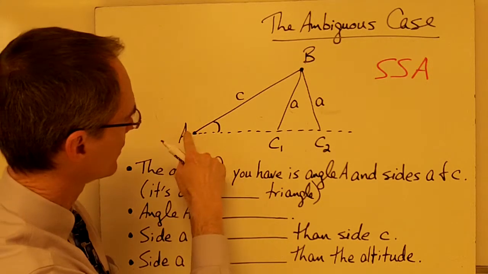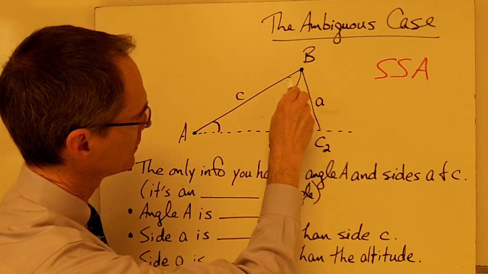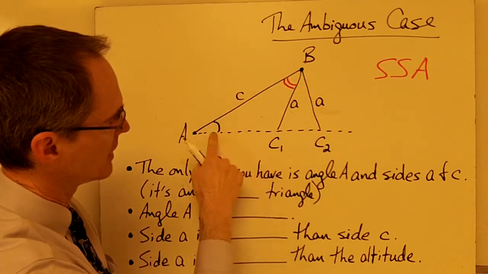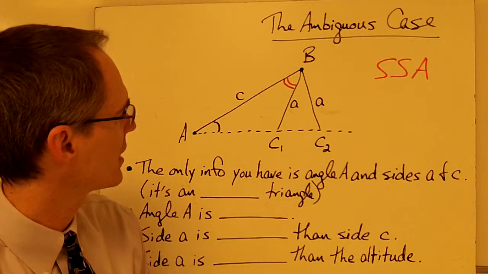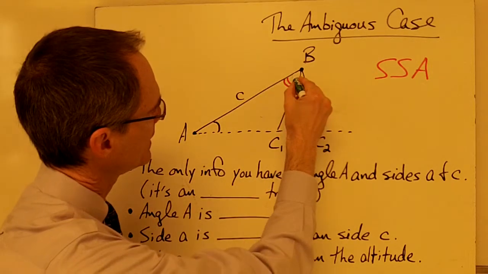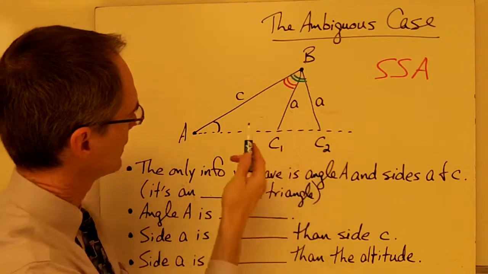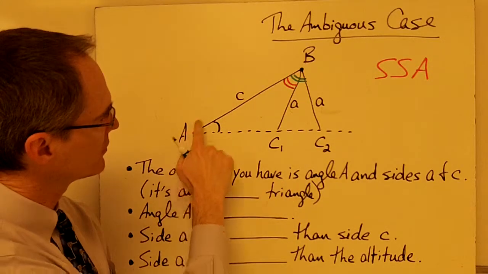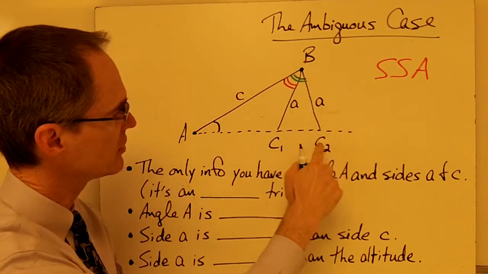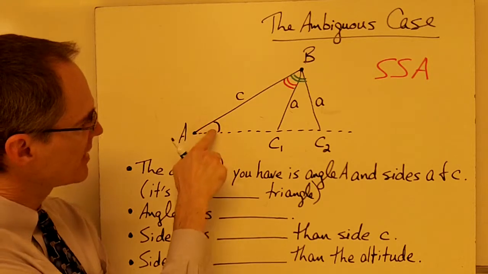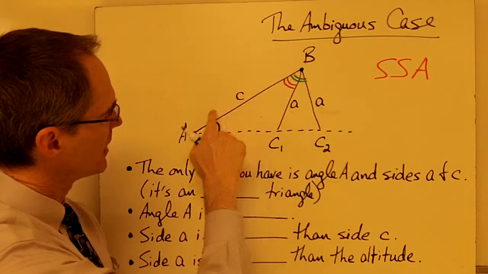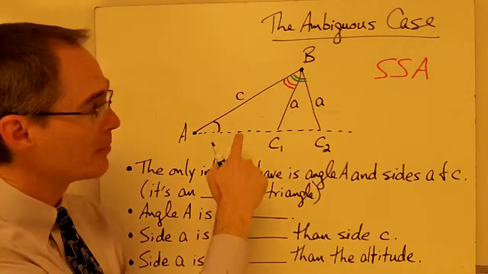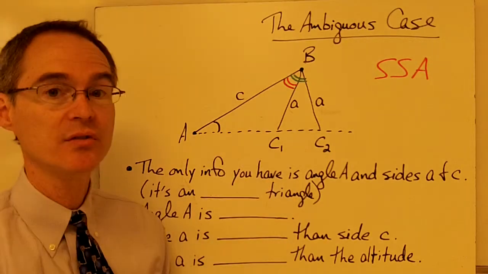I might have a triangle ABC1, where this angle right here in red is my angle B, or I could get this other triangle here, where my angle B is this angle here in green, ABC2. Both of these triangles, ABC1 and ABC2, have the same measure for angle A, the same measure for side c, and the same length for side a, but they're two different triangles. That's why this is called the ambiguous case.